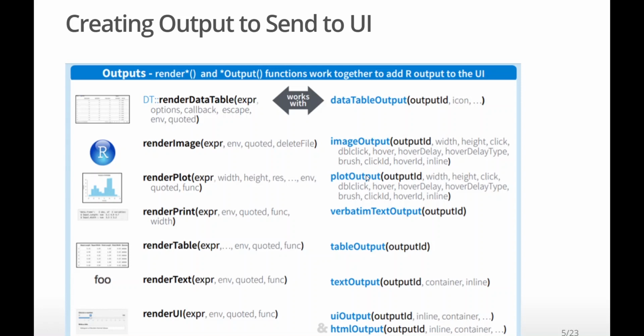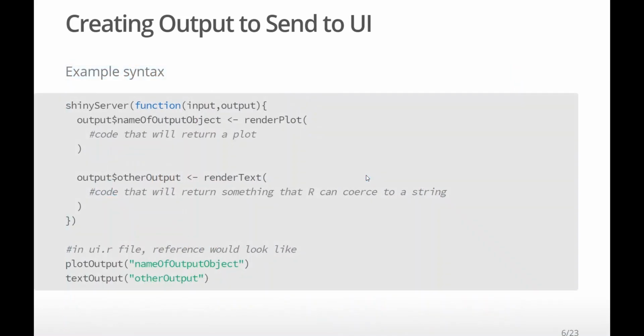So let's look at some syntax for that and learn a little bit more. So here's some example syntax for creating a plot. So I'm going to use the render plot function, as you see here. And within these parentheses, I just need to run code that's going to return a plot. So it doesn't matter whether it's a histogram from base, whether it's a plot from base, whether it's a ggplot or a lattice plot. Doesn't matter, as long as the last thing that you do is going to return a plot.